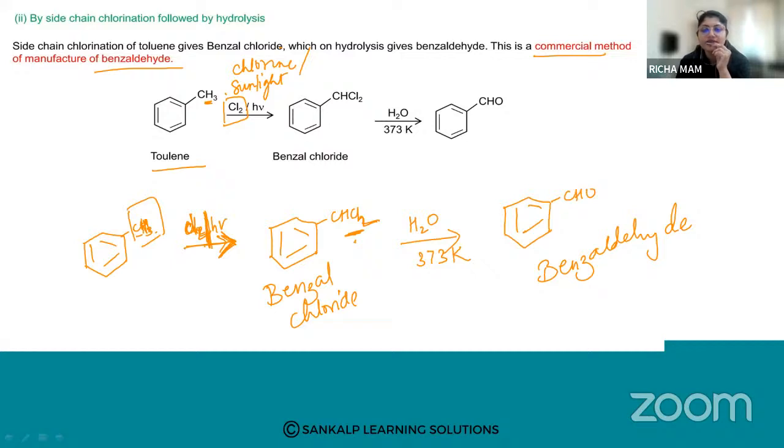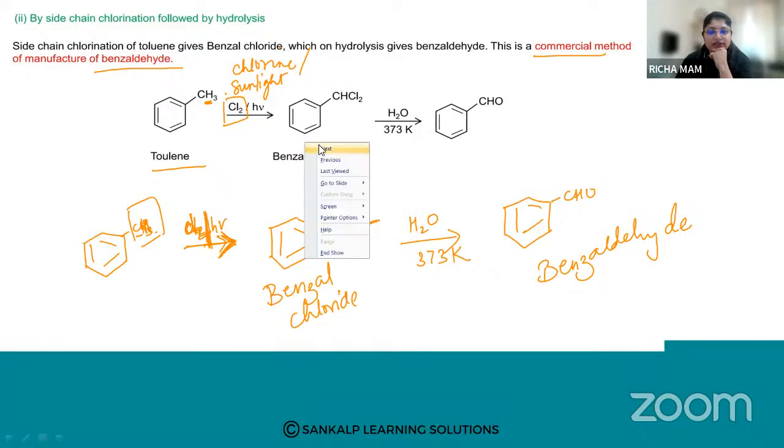On further hydrolysis, it will give you benzaldehyde. And the third reaction is where we are taking toluene in the presence of sunlight and chlorine. We are going to get benzyl chloride, where two of the hydrogen atoms are replaced by two chlorine atoms. On further hydrolysis, it will give you benzaldehyde. Got it?